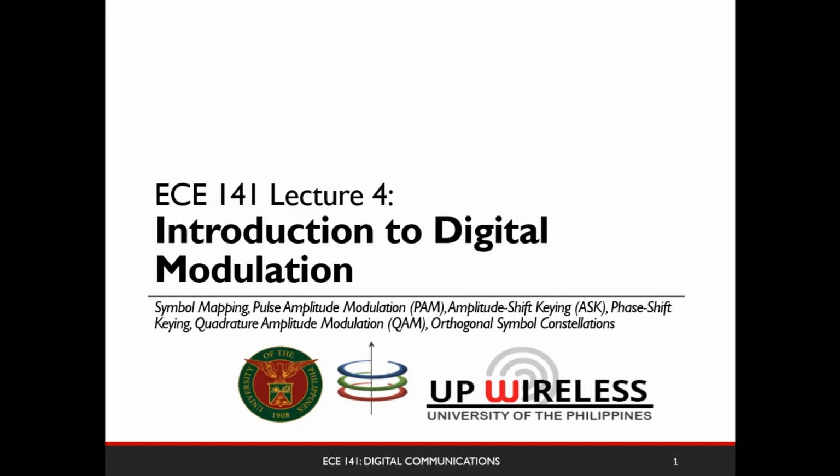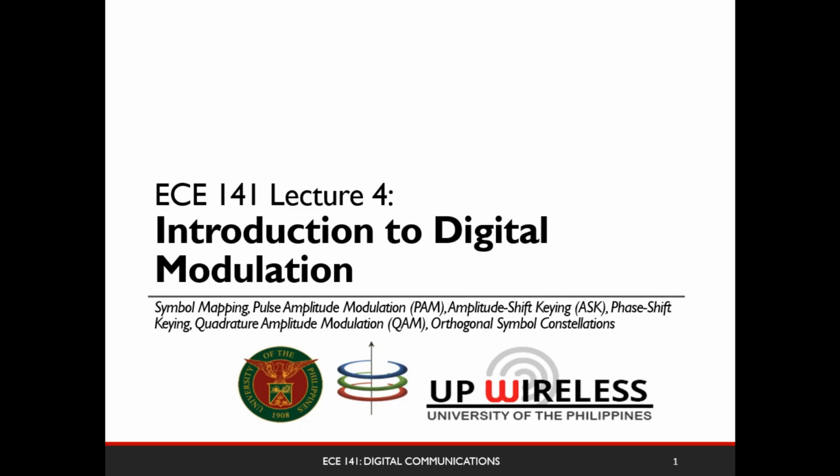This is your signaling methods, your line codes, right? We'll generalize that into passband transmissions. So how do we transmit in the passband instead of the baseband? Normally we actually use the passband for transmissions, and we'll see that in this lecture.